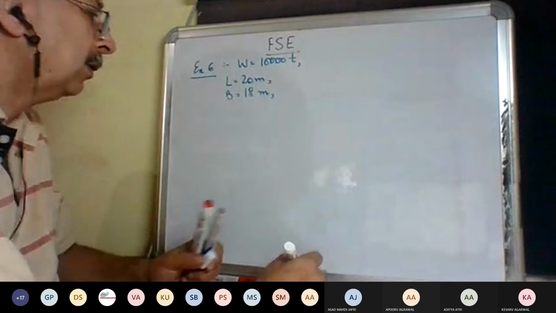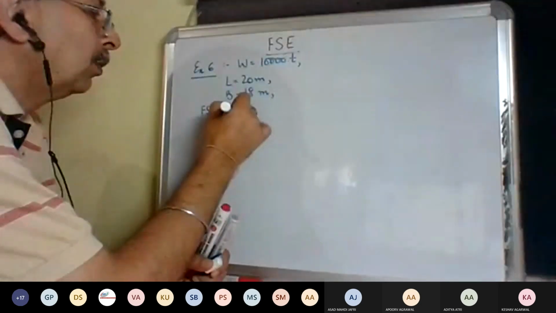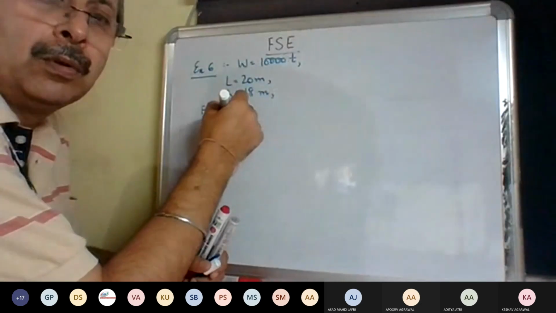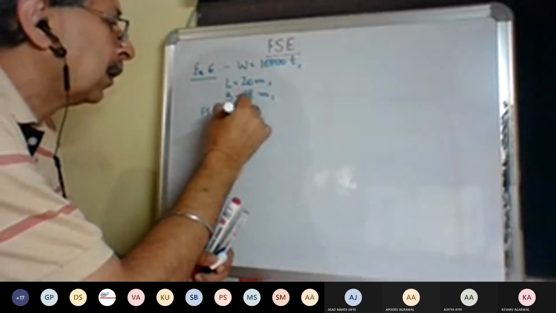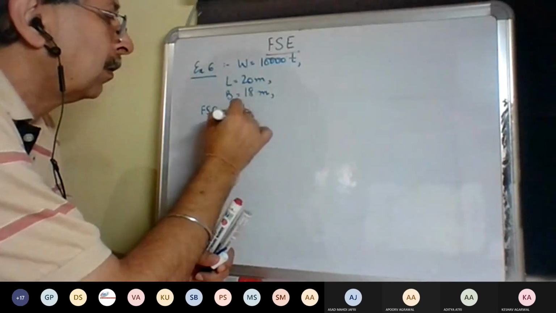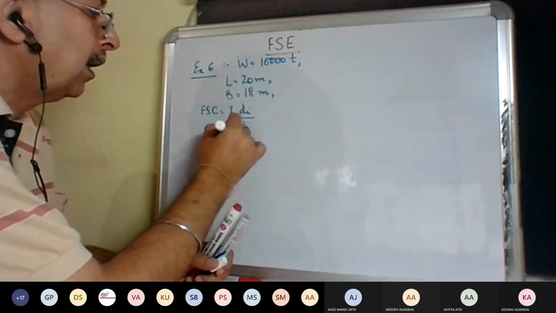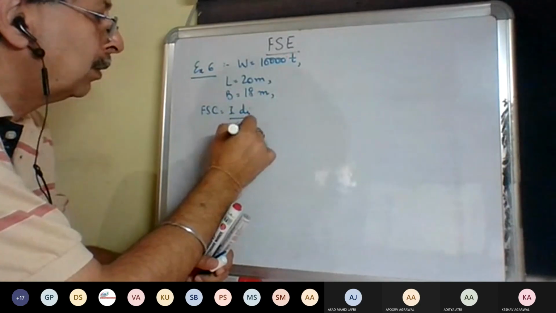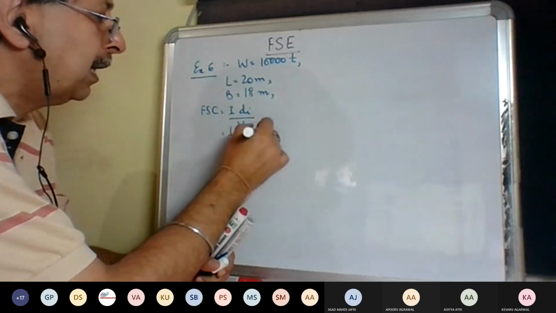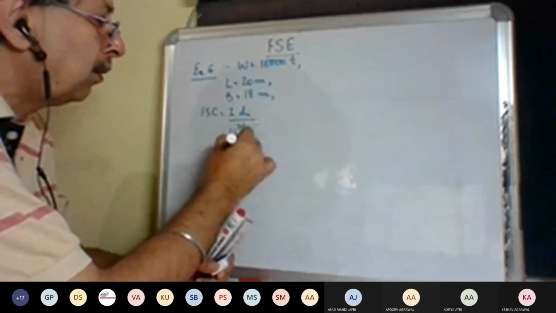FSC will be equal to IDI upon W, and I is nothing but LB cube into DI upon 12W.